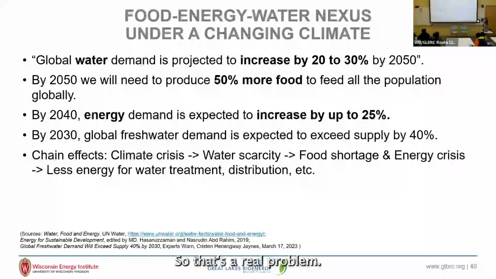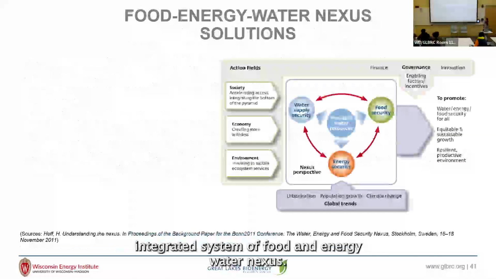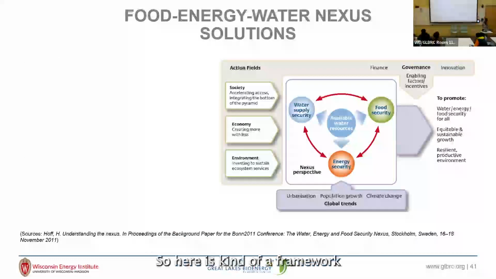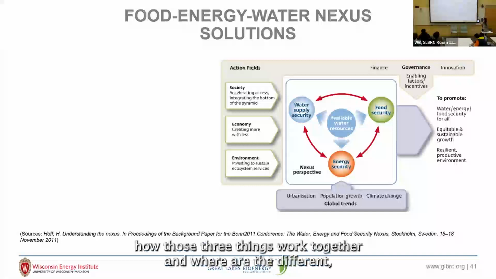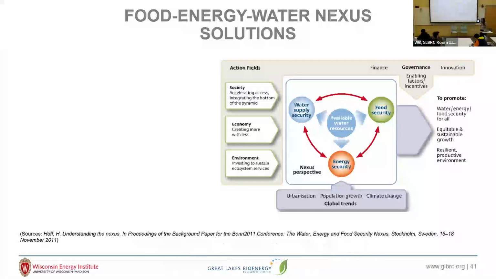So that's a real problem. That's why we've been looking at the whole integrated system of the food, energy, water nexus. So here is a framework that I took from the internet that talks about how those three things work together and where are the different areas that we can look to help.